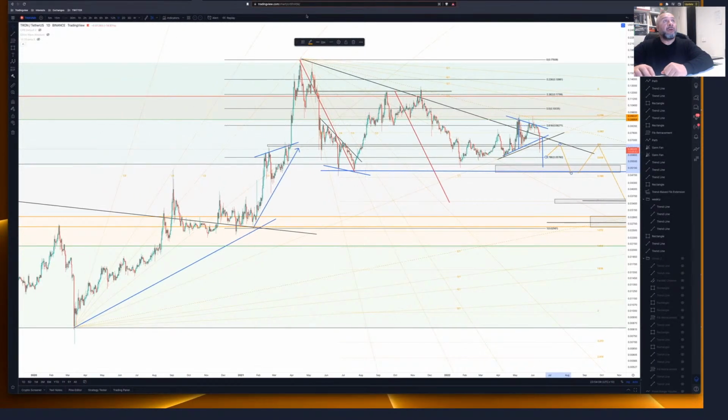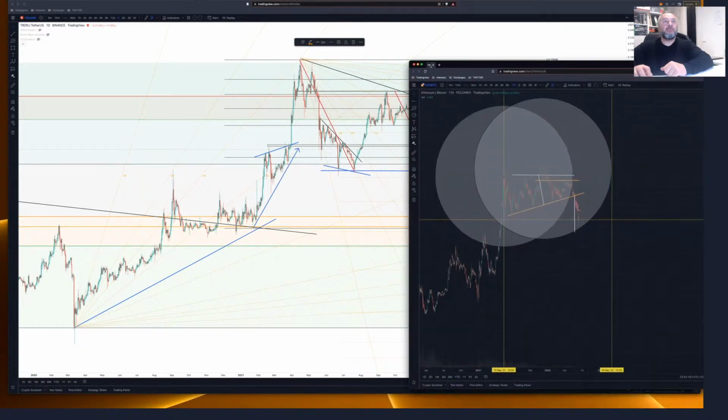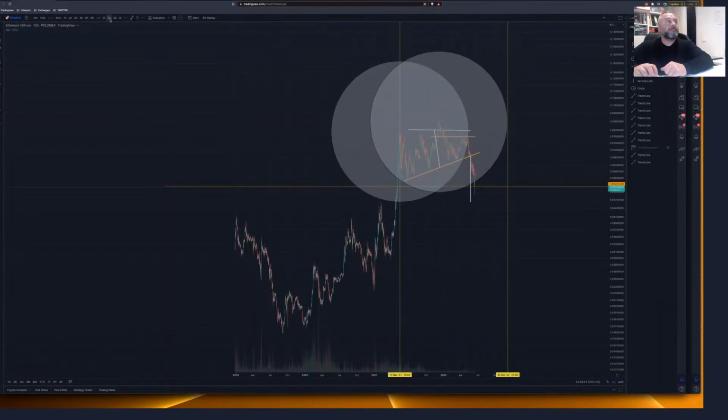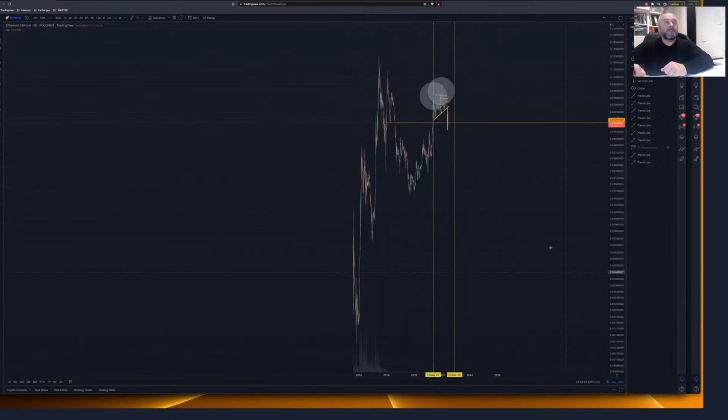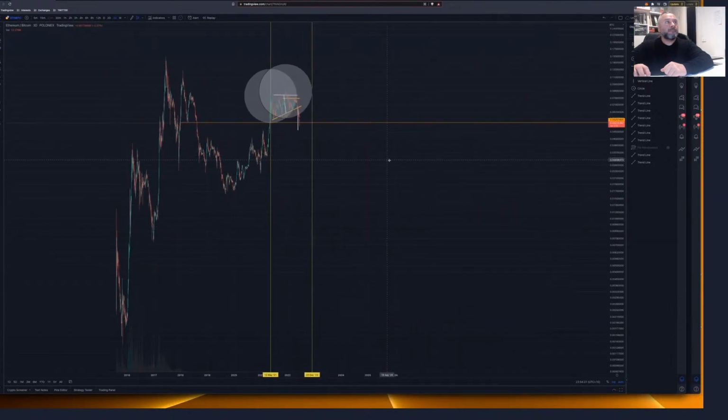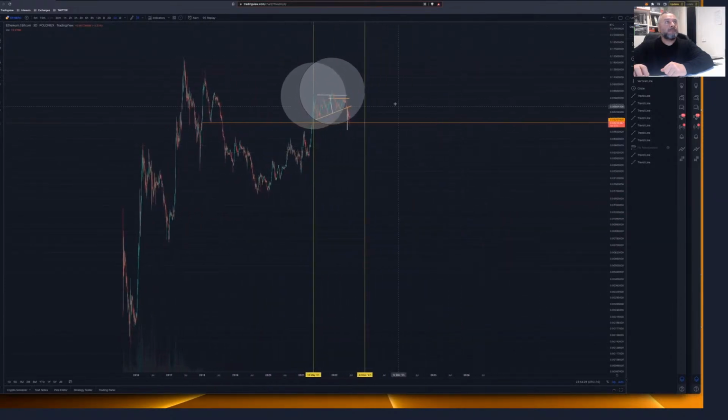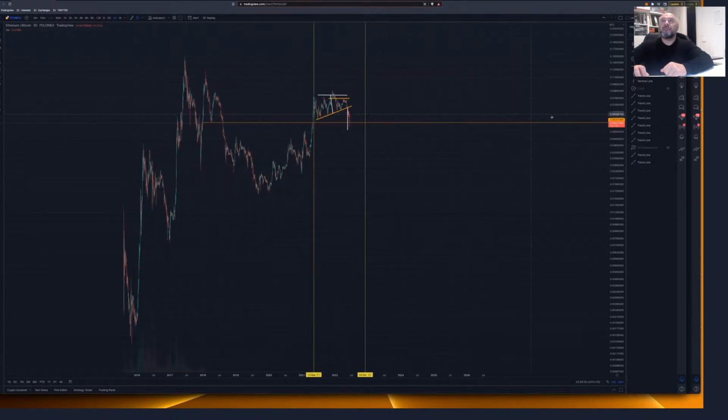How about Ethereum? All right. Ethereum's my other chart here. Give me a sec. Let me just drag Ethereum across. This is not the Ethereum chart.